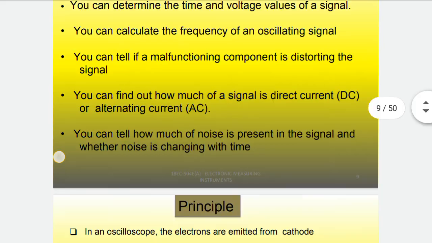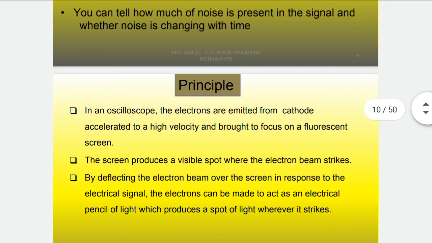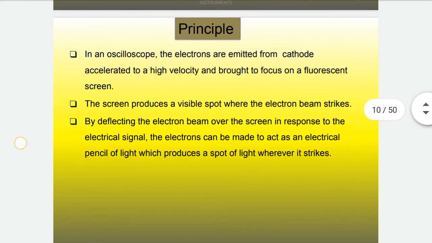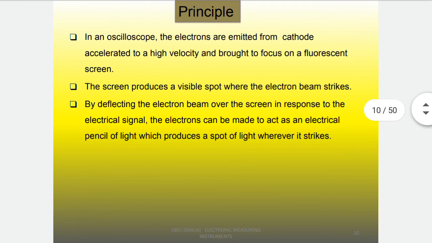Now coming to the principle. In an oscilloscope, the electrons are emitted from the cathode, accelerated to a high velocity and brought to focus on a fluorescent screen. The screen produces a visible spot where the electron beam strikes.